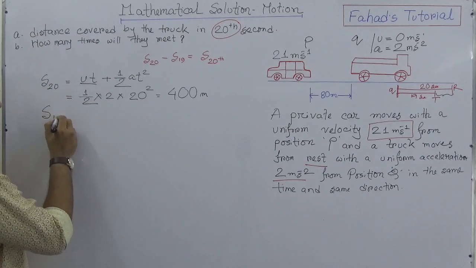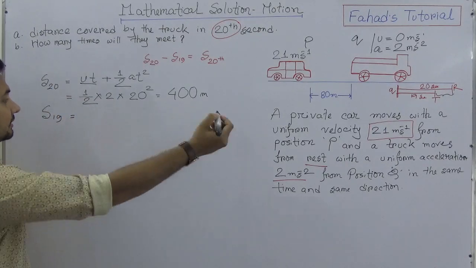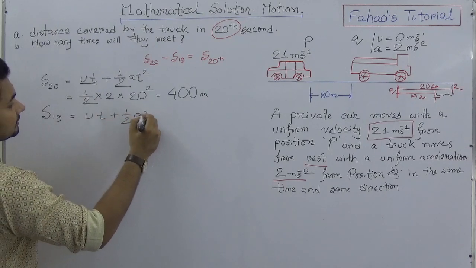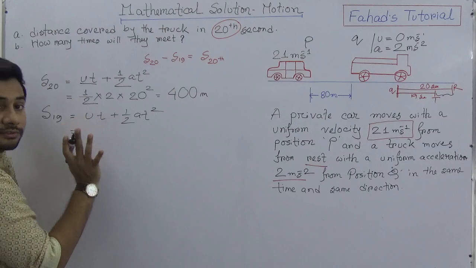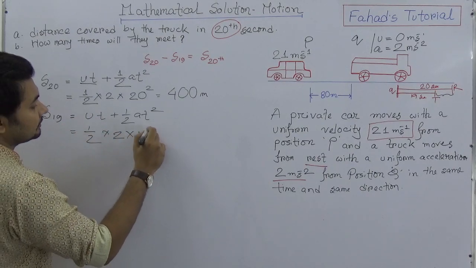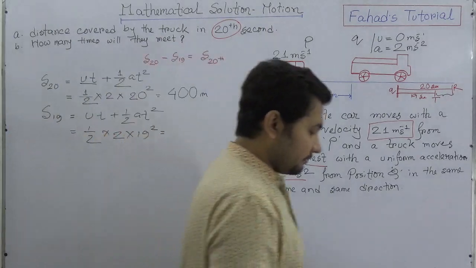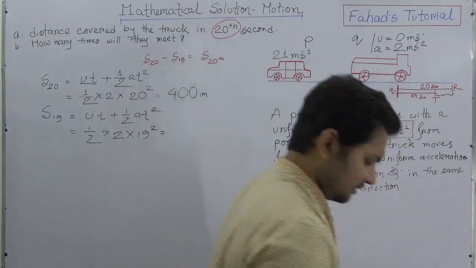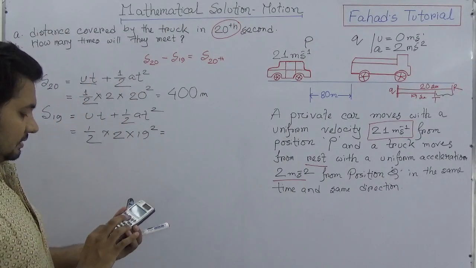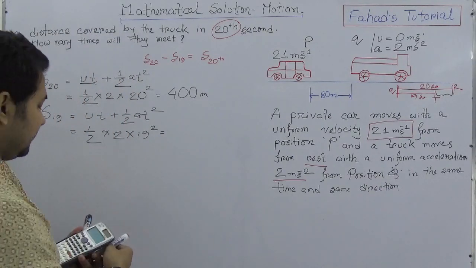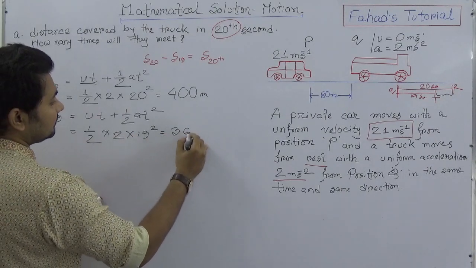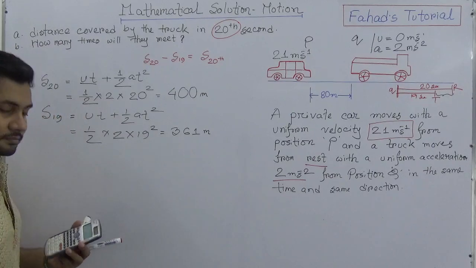And now what about 19 seconds? In this case, again s equals ut plus half a t square. So ut is also 0, so half times 2 times 19 square. We know the value of 19 square might be 361. Let me think about it. It's 19 square, hopefully yes, so this is 361 meters.